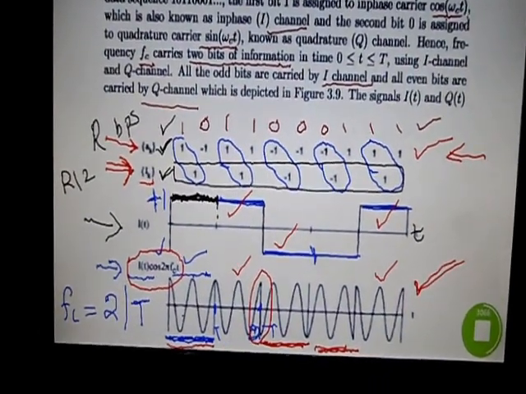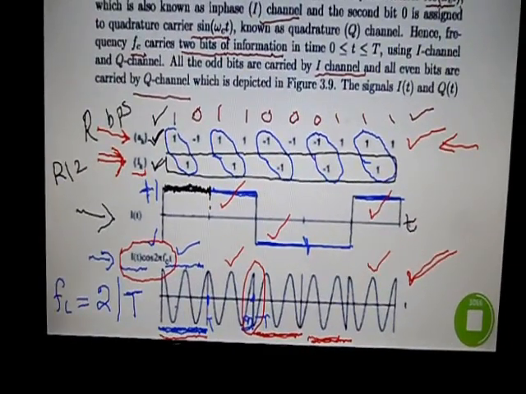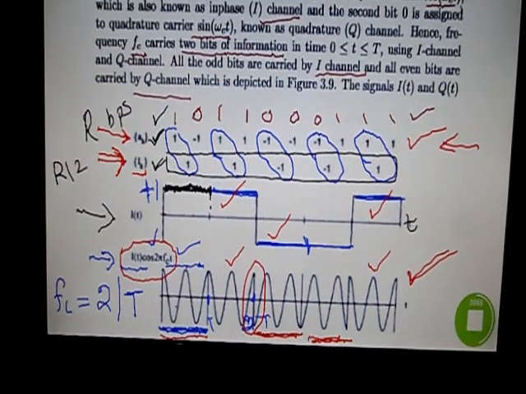We already discussed it in previous videos. Now in a similar way, the quadrature channel, the Q channel or the sinusoid carrier, is modulated, where we will take the even number of bits. Let me discuss that with you.